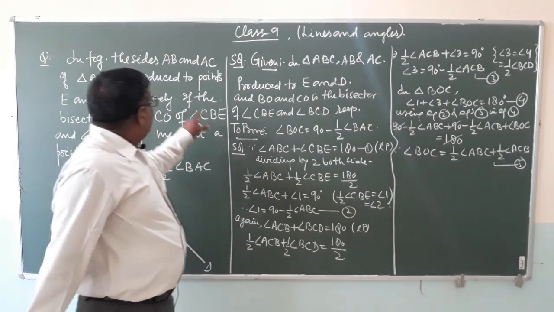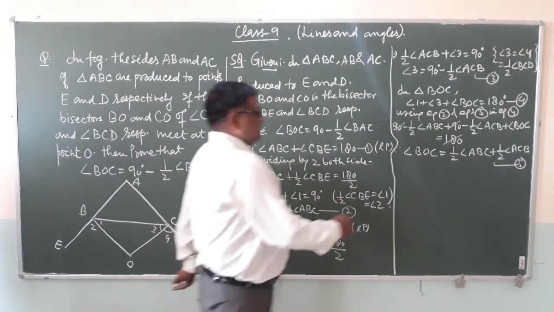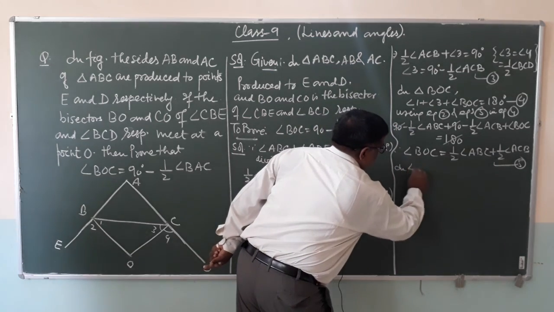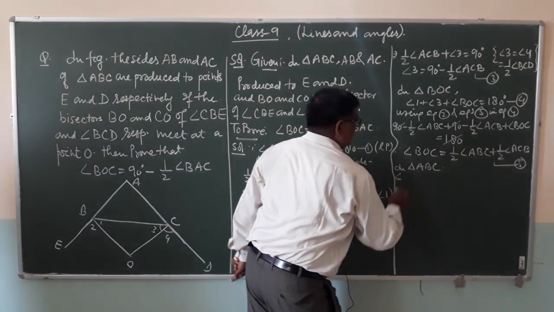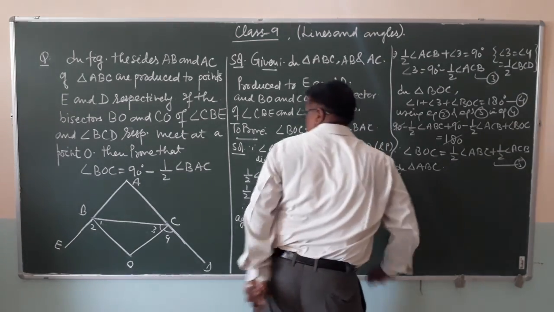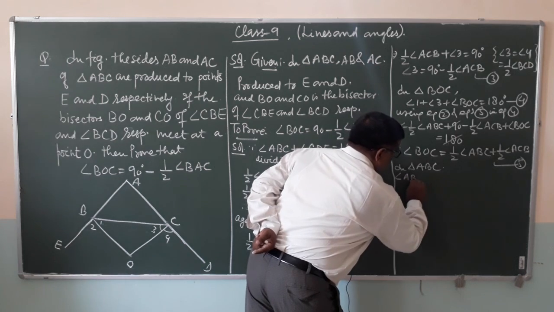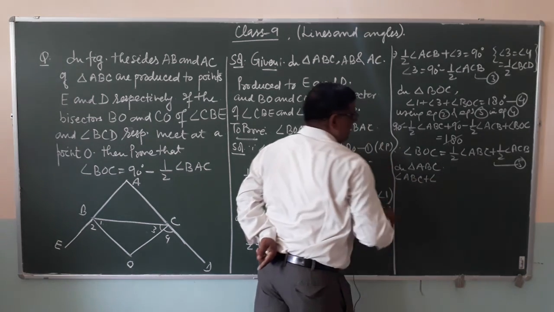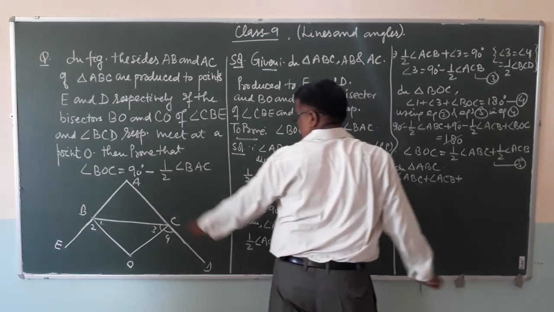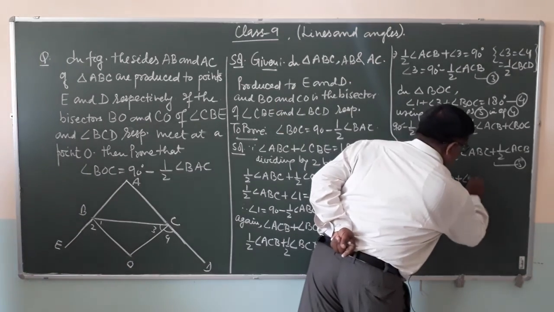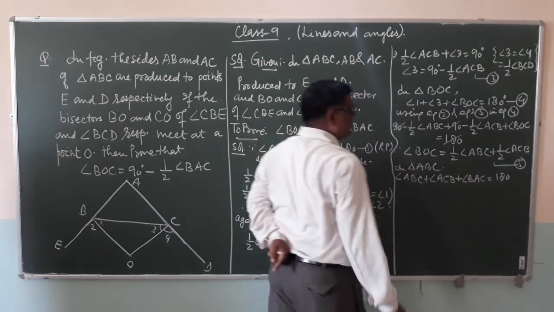And now again in triangle ABC, angle ABC plus angle ACB plus angle BAC is equal to 180 degrees. That is the property of a triangle.